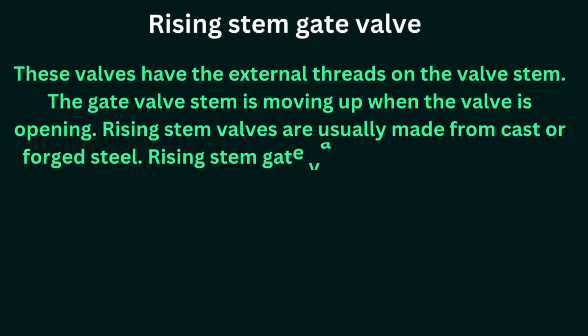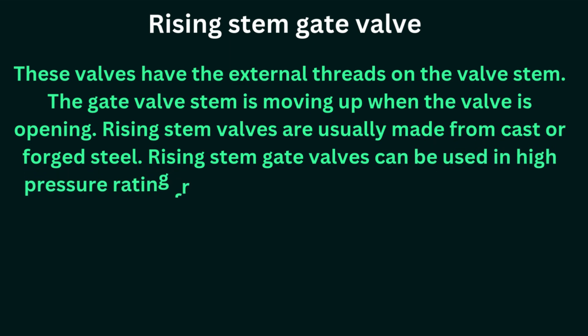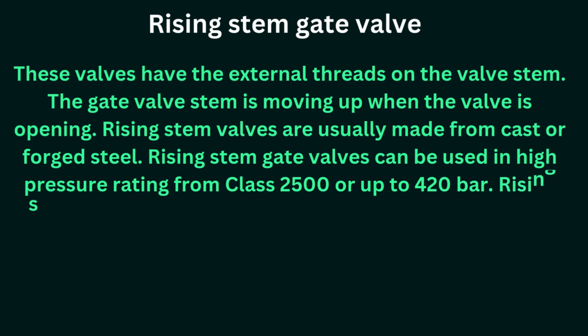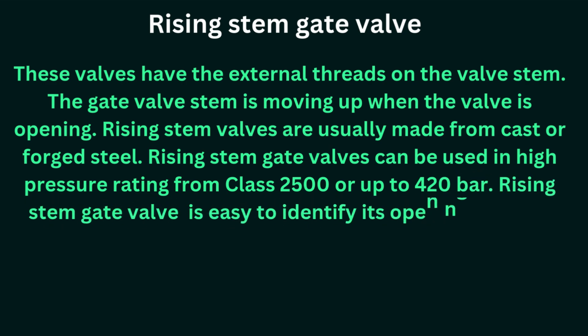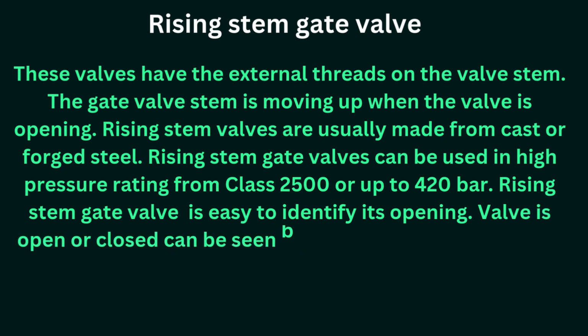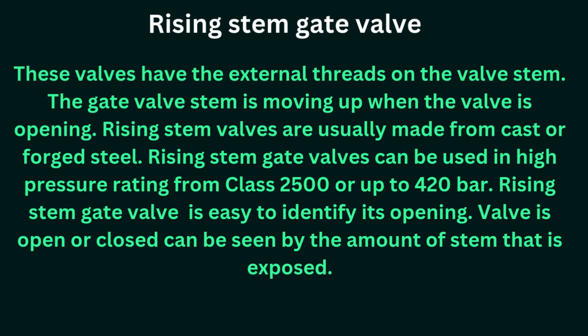Rising stem gate walls can be used in high pressure ratings from class 2500 or up to 420 bar. Rising stem gate wall opening is easy to identify. Whether the wall is open or closed is seen by the amount of stem that is exposed.